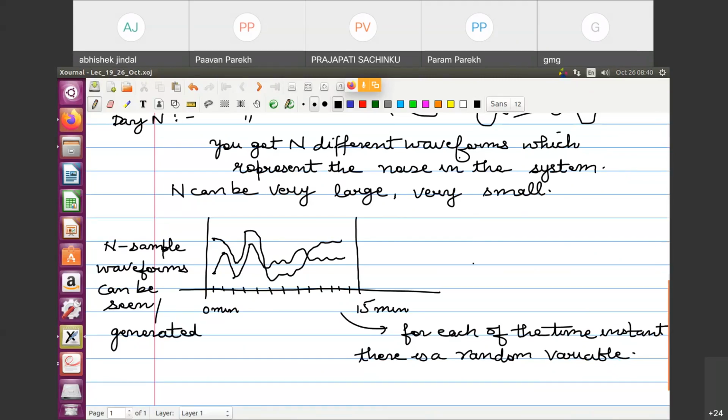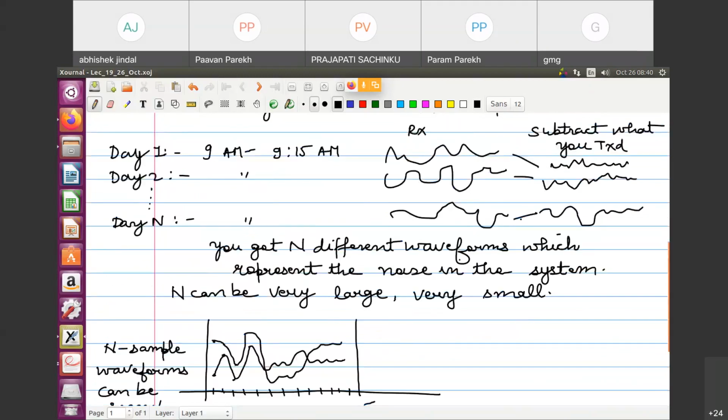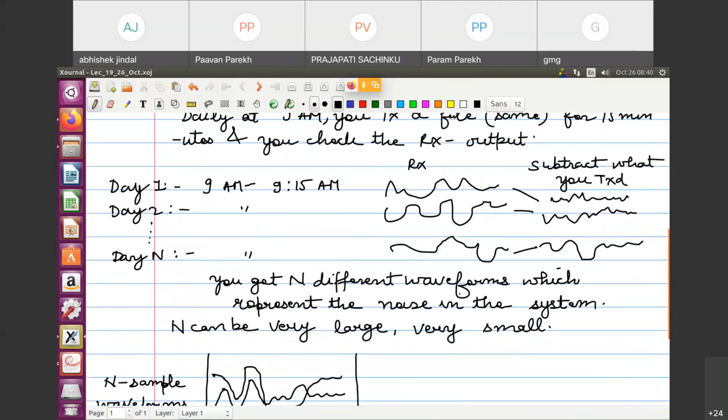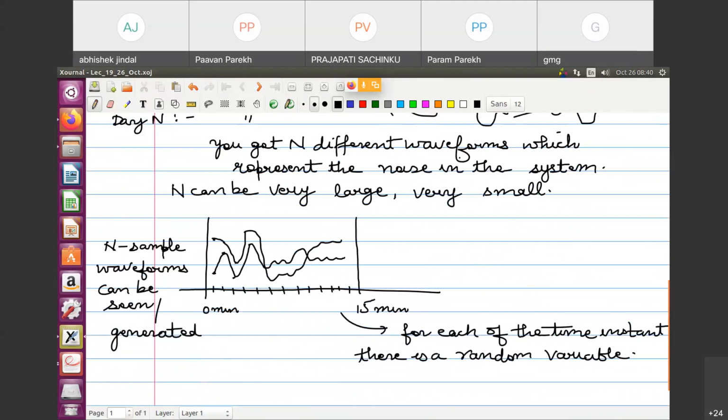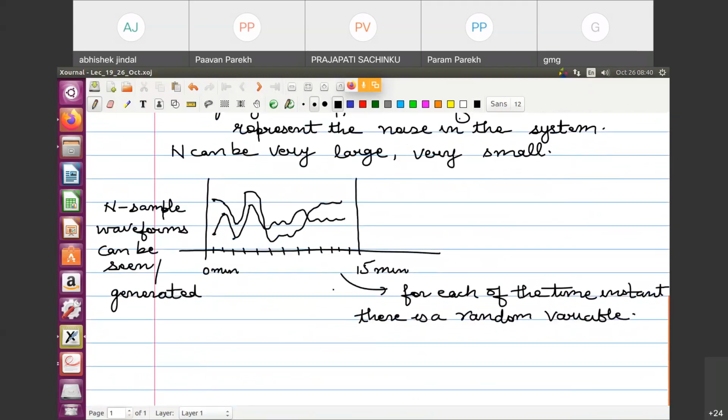So this way, if we put this sort of a structure over these waveforms, we can study them well. And this is what is a random process. It is a sequence of random variables.